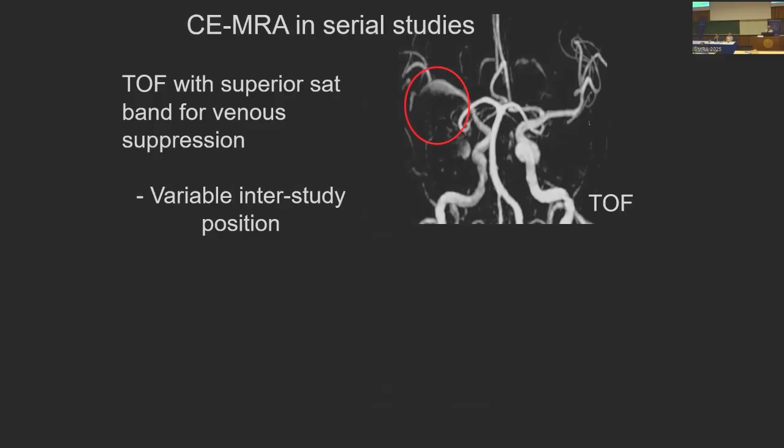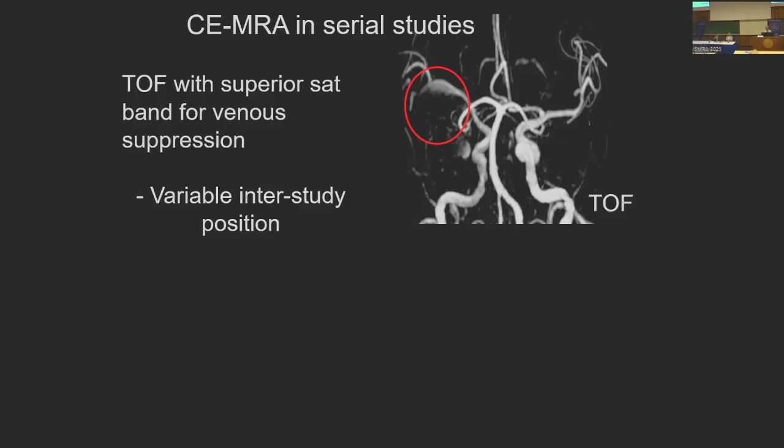There's an example of why time of flight can sometimes fail. This is a MOTSA acquisition, multiple overlapping thin slab acquisition, through the circle of Willis. You can see in this circled area a somewhat strange appearance of the middle cerebral artery on this time of flight image.